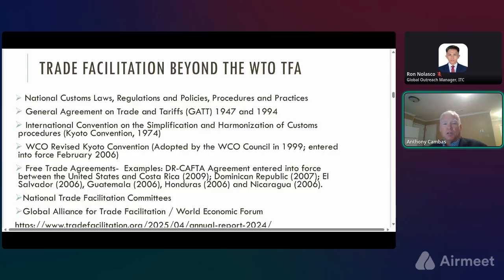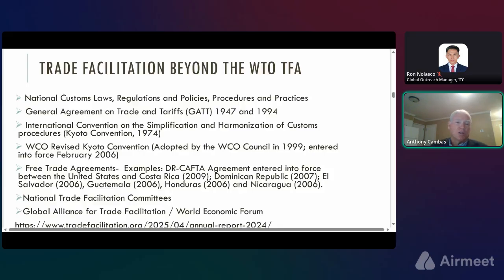But trade facilitation goes beyond that, and I'm going to say from my own career over 35 years that it predates the WTO TFA. When I was working on some international projects around the world in this area, I found that in some of the countries I was working in, it wasn't really understood to be building on previous initiatives around trade facilitation.